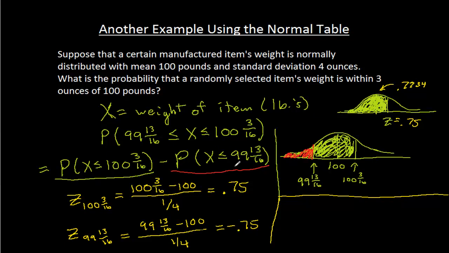But what about the other probability? Well, we're going to have to deduce that. Notice that the normal distribution is symmetric about the mean. So if I want to go out to negative 0.75 on my z-score and find the probability that we're less than or equal to that, that's all that area between the bell curve and the x-axis.